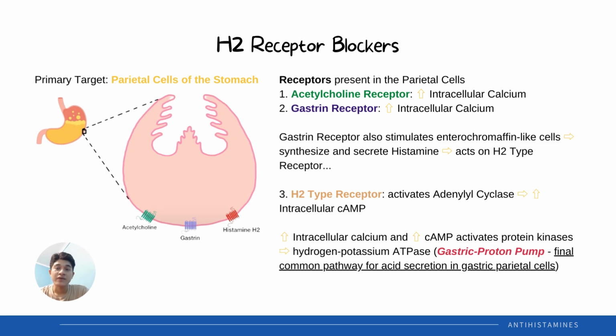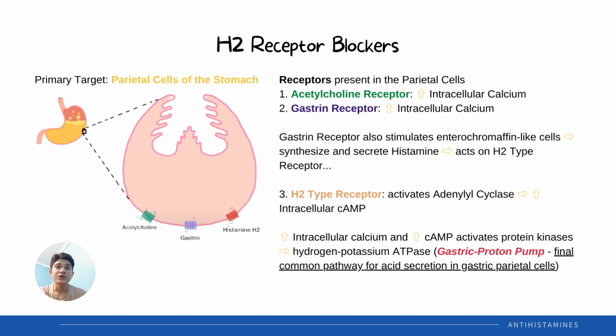Now, the parasympathetic vagus nerve that innervates the GI tract releases acetylcholine, which acts on the acetylcholine receptor to increase intracellular calcium. Next, gastrin, which is a hormone produced by G cells located in the pyloric glands, acts on the gastrin receptor to also increase intracellular calcium.